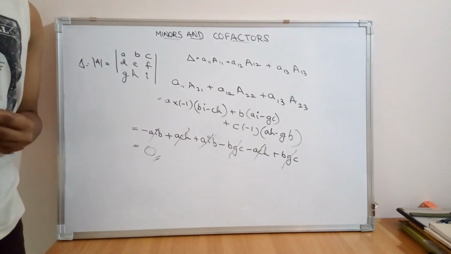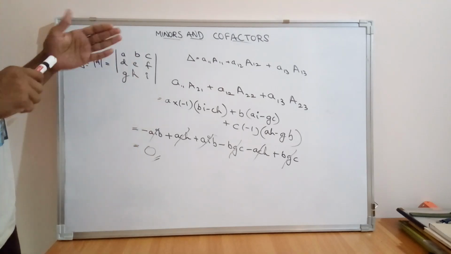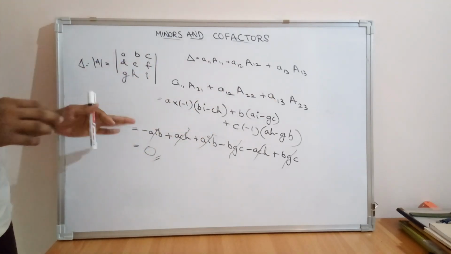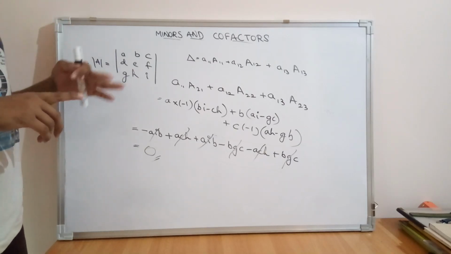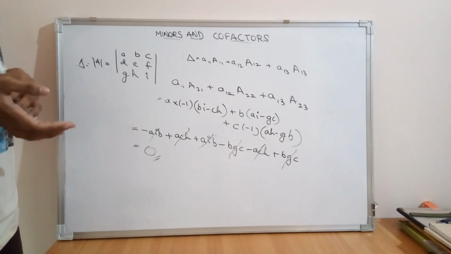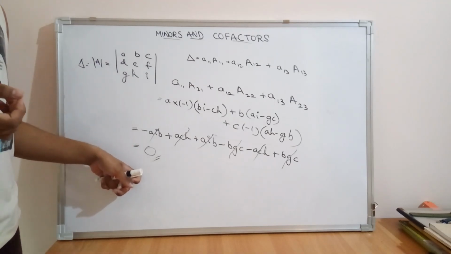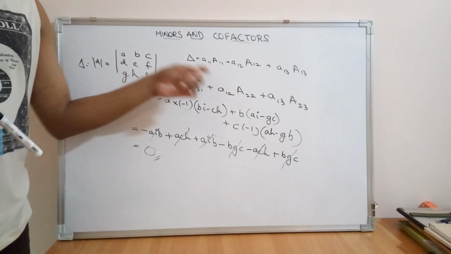So what is the property? If you multiply the elements present in a particular row or a column with the cofactors of the elements present in some other row or some other column, then it is going to be 0. Okay, so we need to take care that you are considering a row and row only.